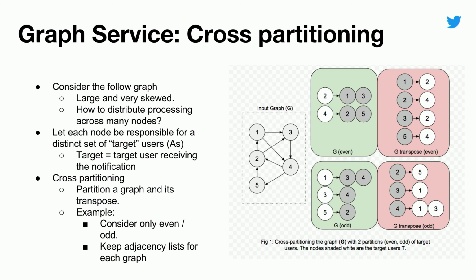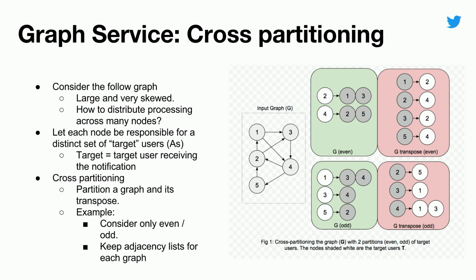We partition by users such that we keep all the edges on both the forward graph and the transpose on the same node. So in this case, what that means is we will key the people that subset of users follows. We are partitioning by the lighter shades.